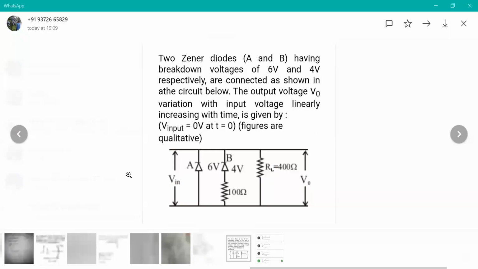We have two Zener diodes A and B having breakdown voltages of 6 volts and 4 volts respectively. They are connected as shown. The output voltage VO variation with input voltage linearly increasing with time is given.